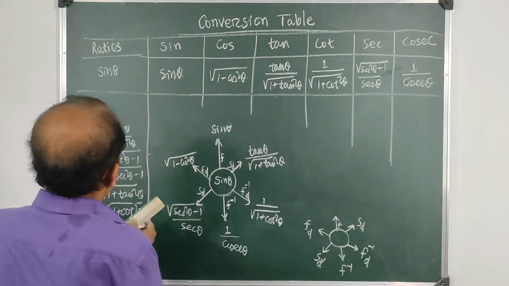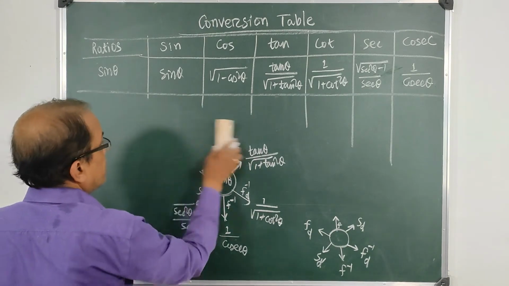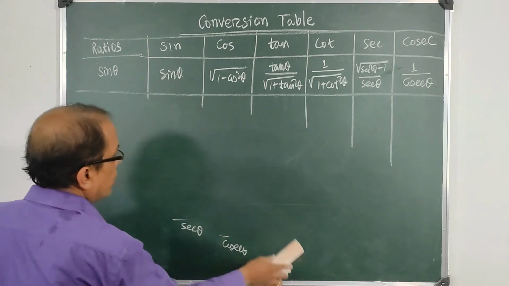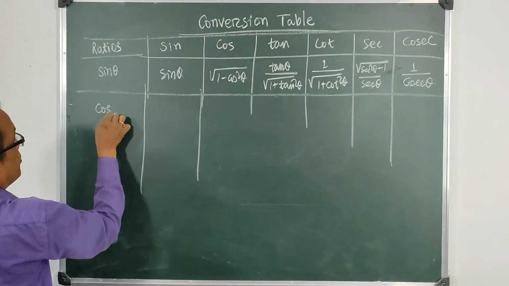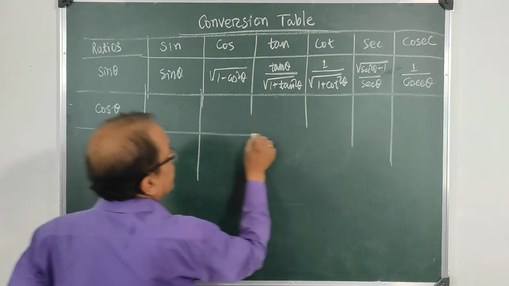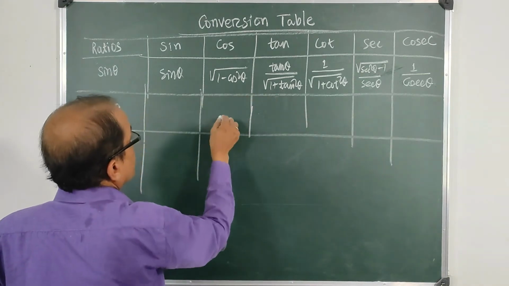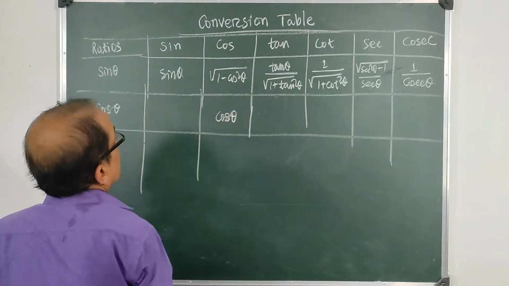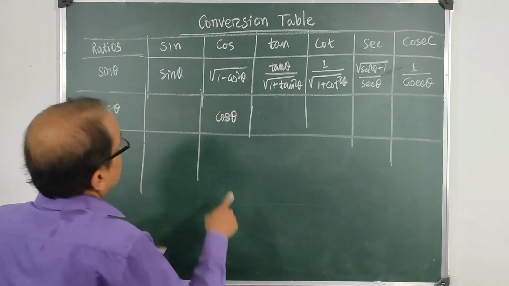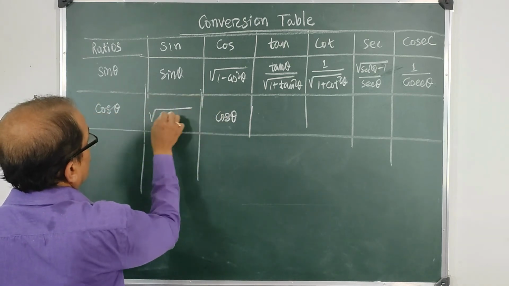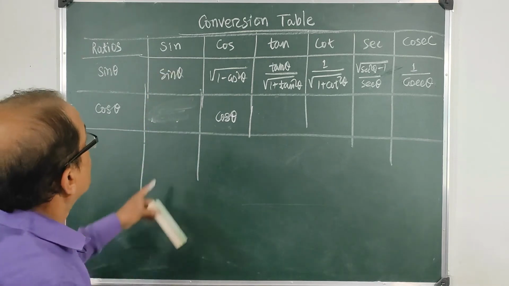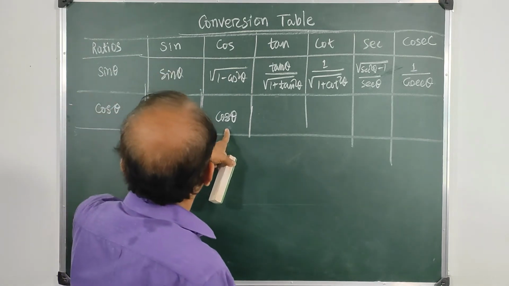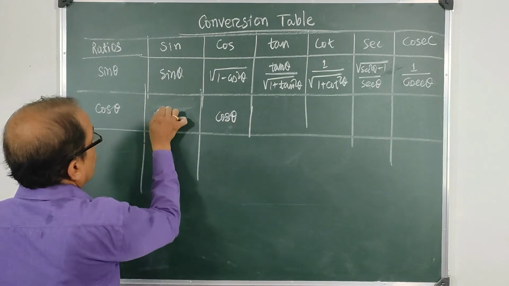Now let us extend this table for the 6 remaining ones, so that you learn how this thing can be done. Next comes cos theta. Cos theta in its own form should be cos theta. In its formula derivative is root over 1 minus cos square theta, but this is in the sin form, so we write it cos theta here, and cos theta is root over 1 minus sin square theta.